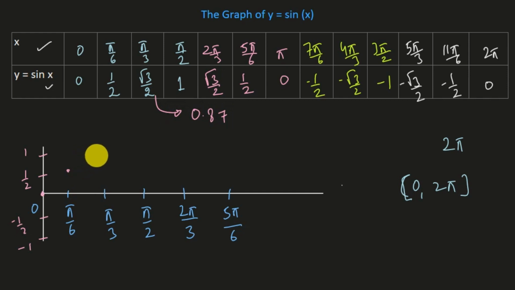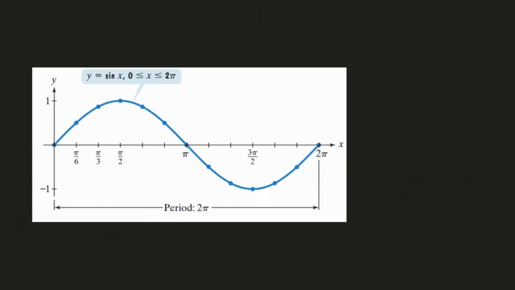So it would be something here, right? And when x is pi by 2, we reach the y value of 1. If we join all these points with a smooth curve, it will look something like that. Then again, you can plot all these points like that. Now if you plot the points like that, you'll get the curve like this.